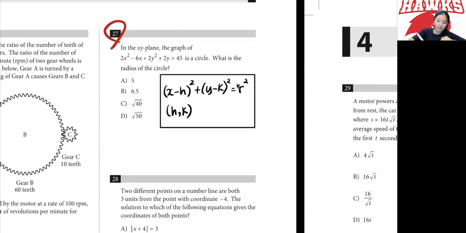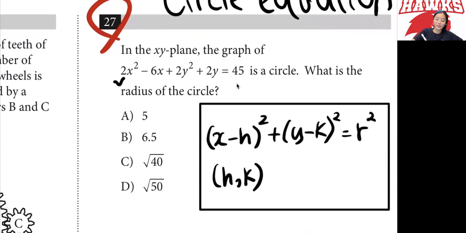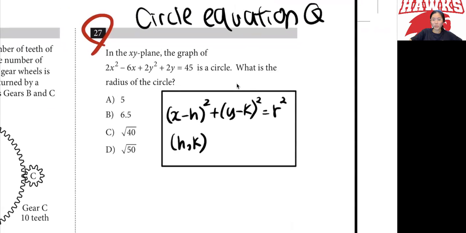So this is a circle equation question. Whenever you are asked what's the radius of the circle, or what's the center of the circle, or when you have this kind of formatted equation, then you can identify that it's a circle equation question.